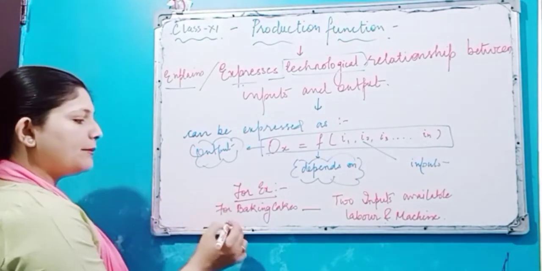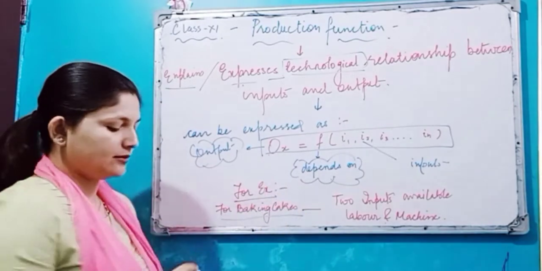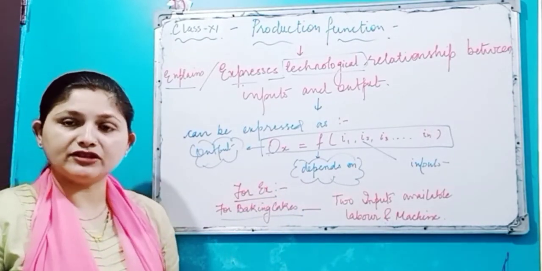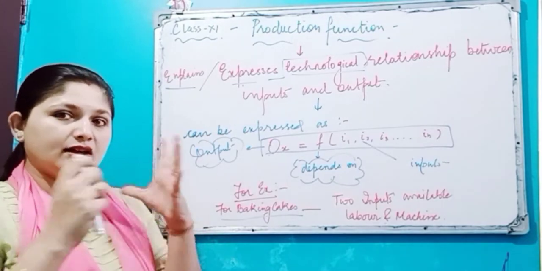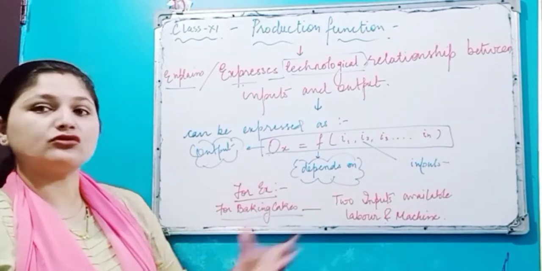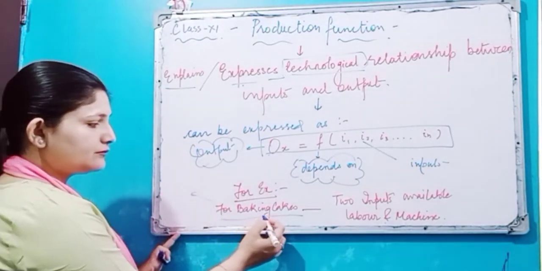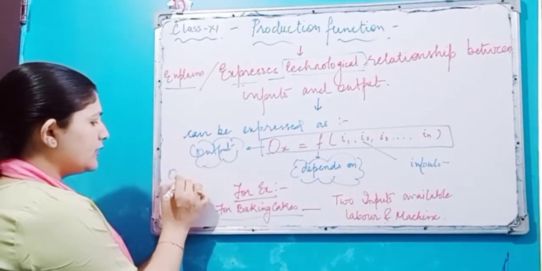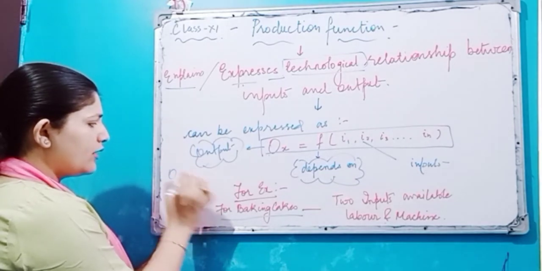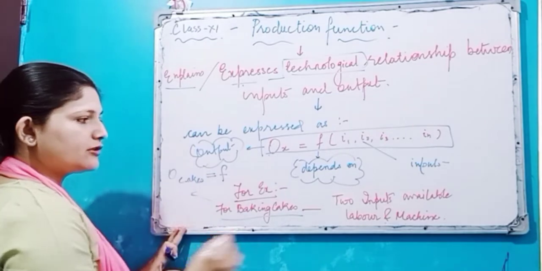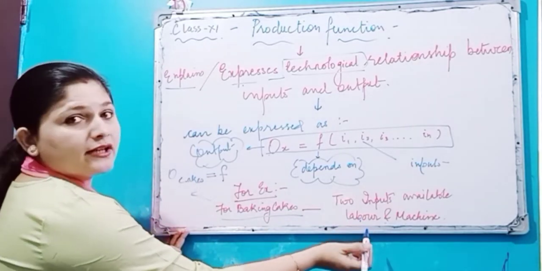So, for example, for baking cakes, suppose there are two inputs available, labor and machine. Express the production function of this situation. So what you are going to do is, baking cake, so output is cakes. Cakes is equal to a function of what are the inputs available?